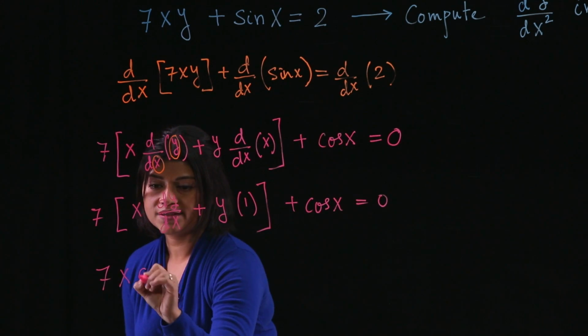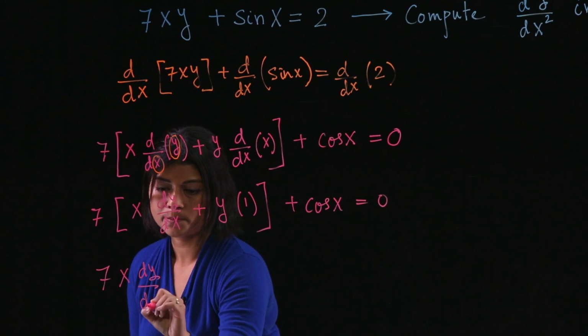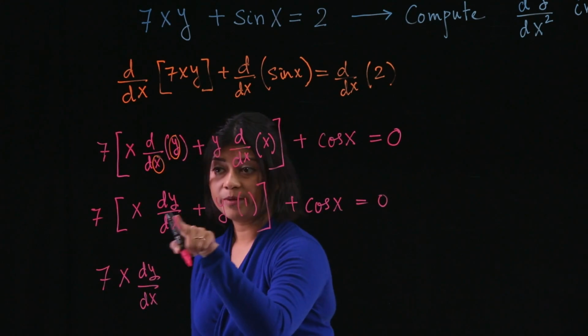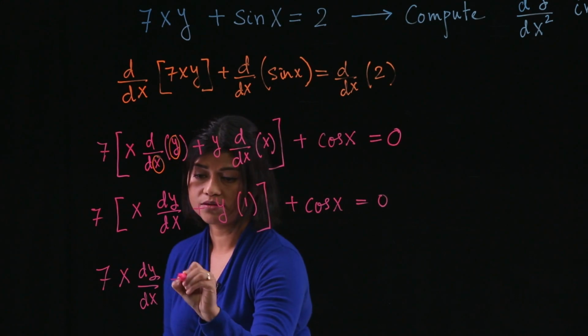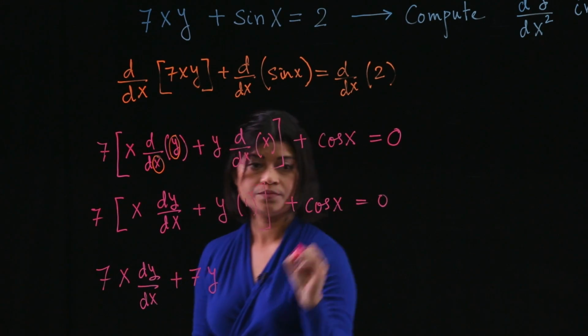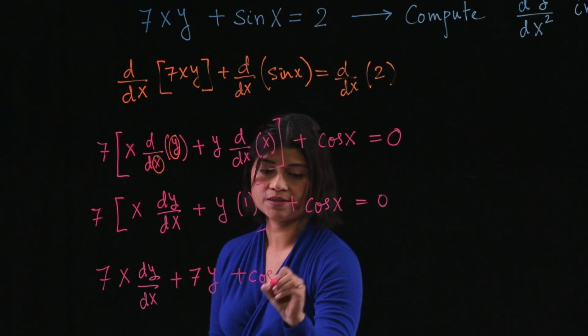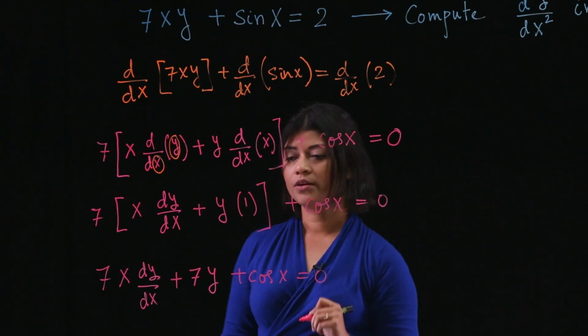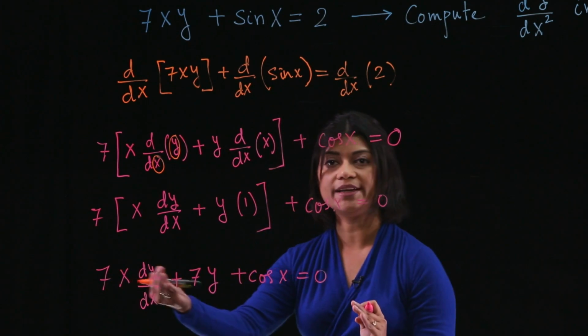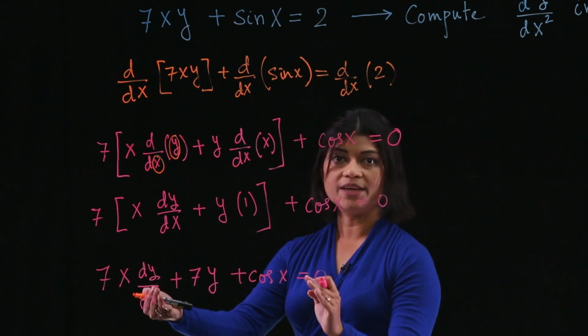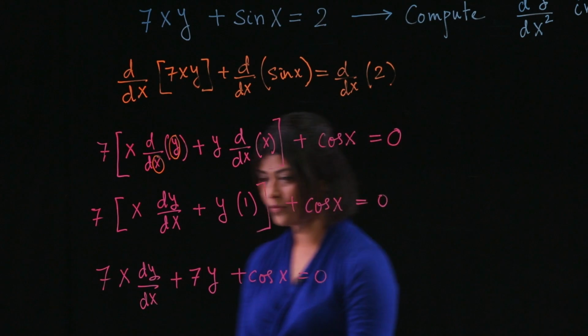We have 7x dy dx because I'm multiplying 7 throughout, and then 7 times y, so plus 7y plus cosine of x is equal to 0. So from this equation, I am going to find out what is dy dx equals to, and then we will have the first order derivative.